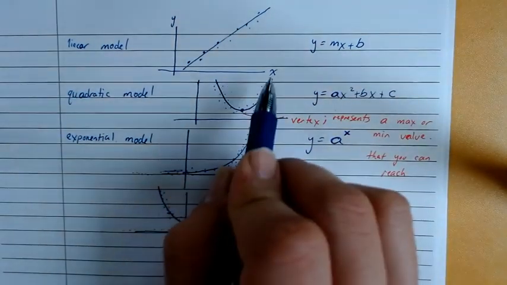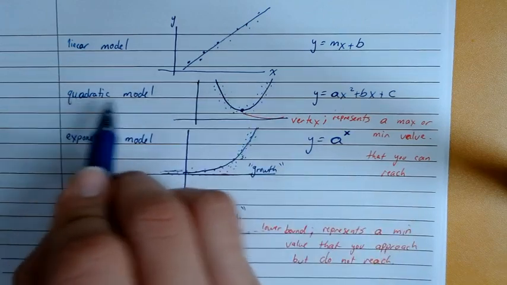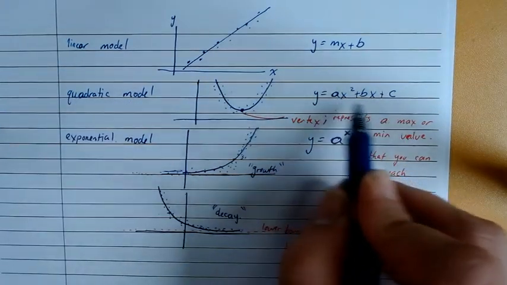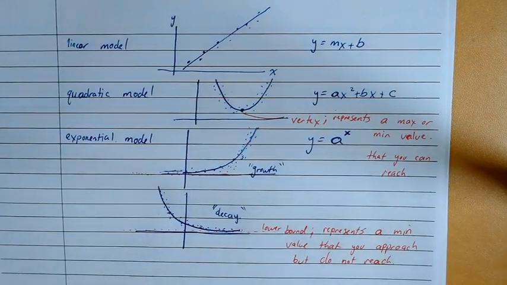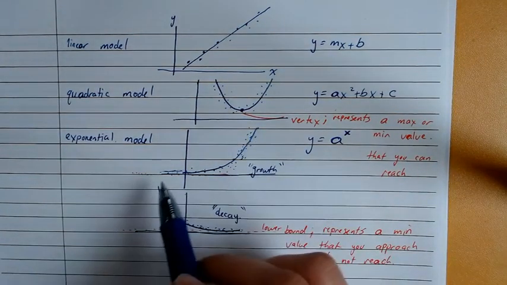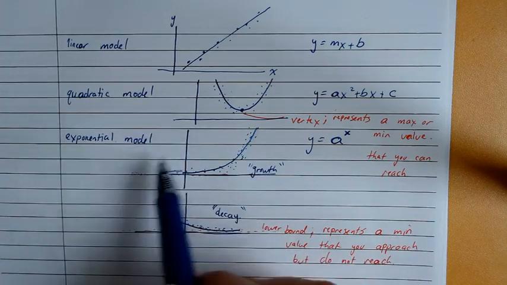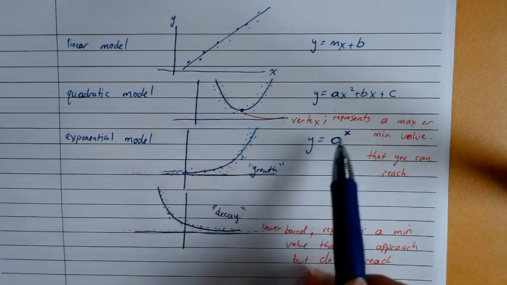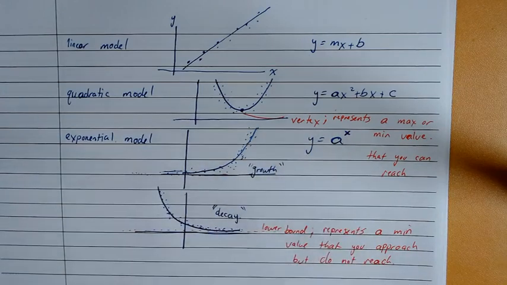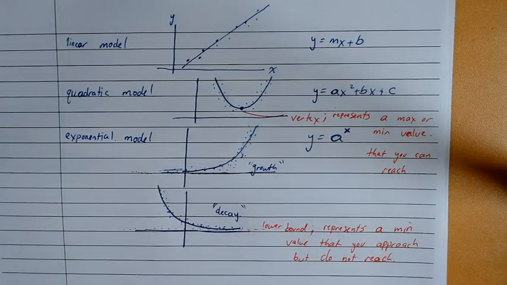If you have a situation with a pattern that looks like this, that's called a quadratic model, and it's represented by this equation, y equals ax squared plus bx plus c. And if you have either of these situations, whether it be growth or decay, those are going to be given by an exponential model, an equation that looks of the fashion y equals a to the x.